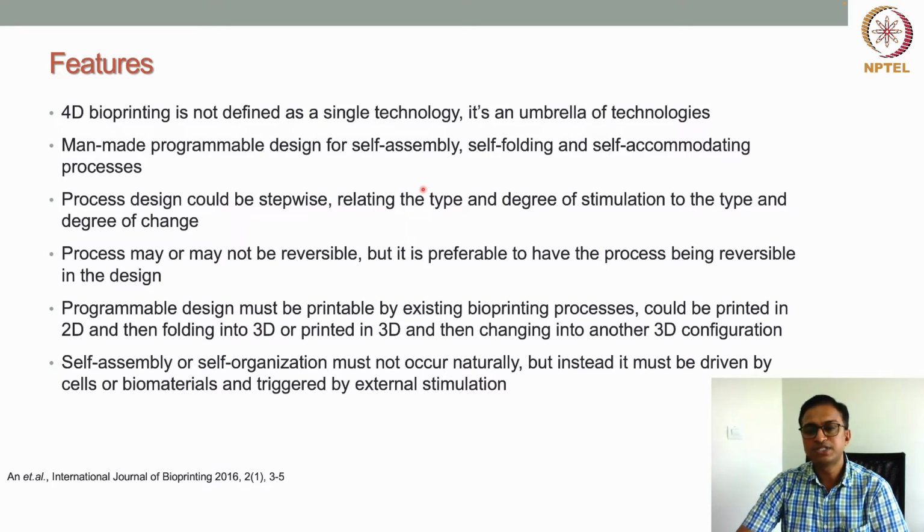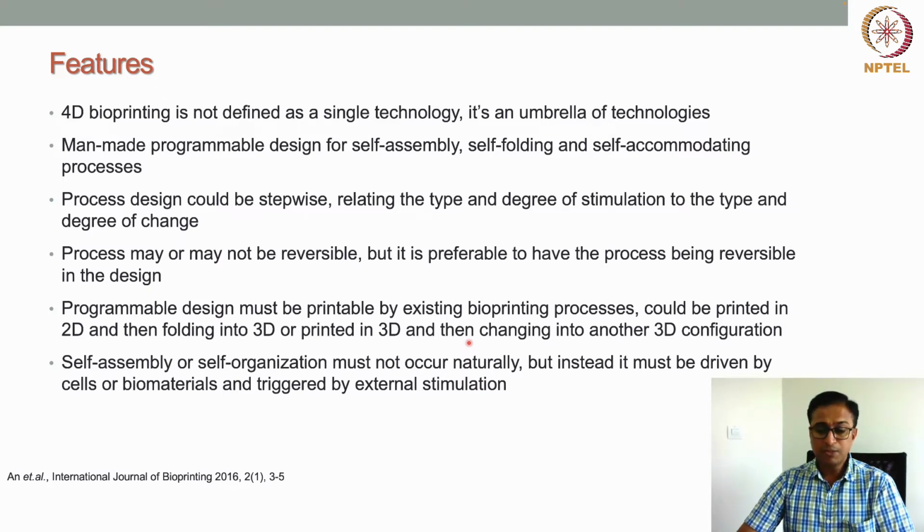Now, the other, more important feature of this technology is that the programmable design must be printable. Otherwise, we cannot use it, because the technology is basically 3D printing or 2D printing, but then the changes happen after printing upon some stimulus. So the programmable design must be printable by existing bioprinting processes. It could be printed in 2D and then folded into 3D, or printed in 3D and then change its shape into another 3D configuration.